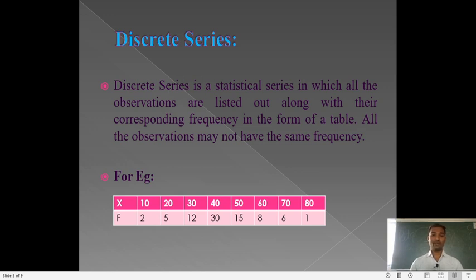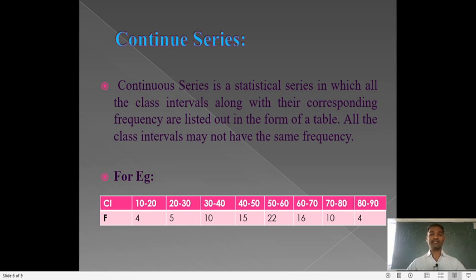Now we will go to the next. The third data series is known as the continuous series. A continuous series is a statistical series in which all the class intervals along with their corresponding frequency are listed out in the form of a table. All the class intervals may not have the same frequency. Okay. So in a continuous series there are class intervals, denoted by Ci.